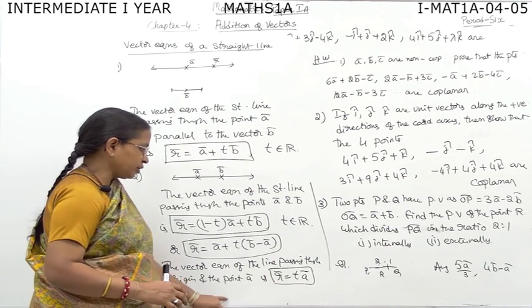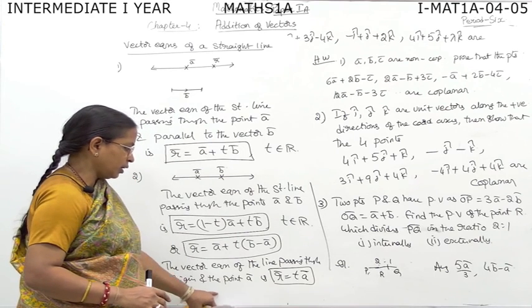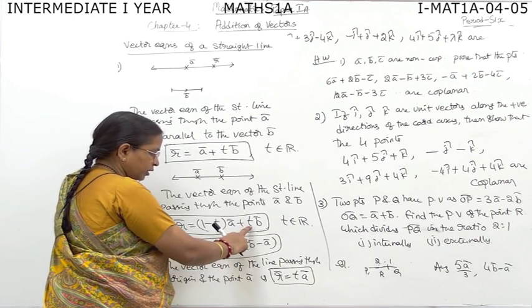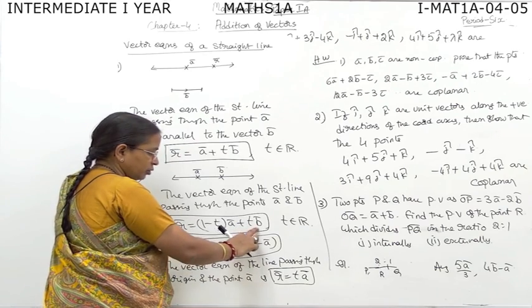The vector equation of the line passing through the origin and the point A: if one point is the origin, then this term becomes 0. So the equation becomes r = tb. Substituting the origin for one point and A as the other point, the vector equation of the line passing through the origin and the point A is r = ta.